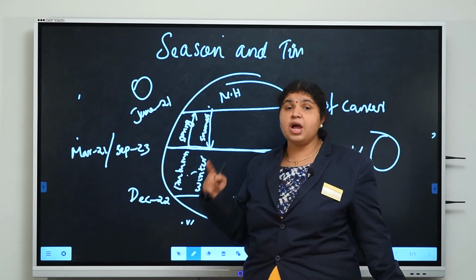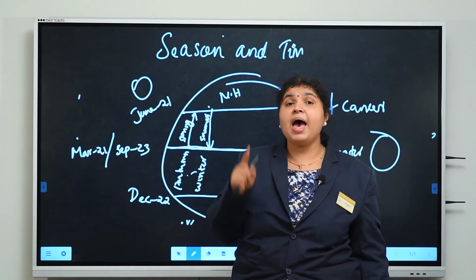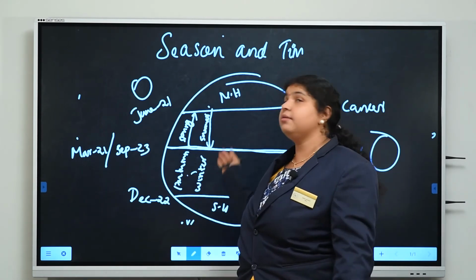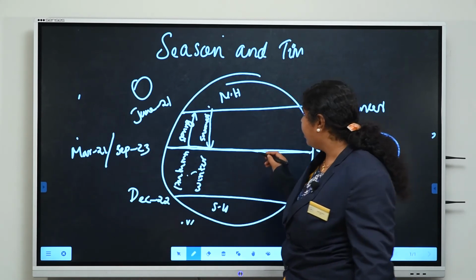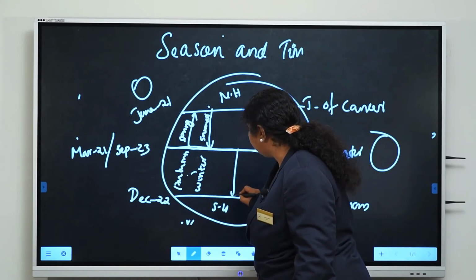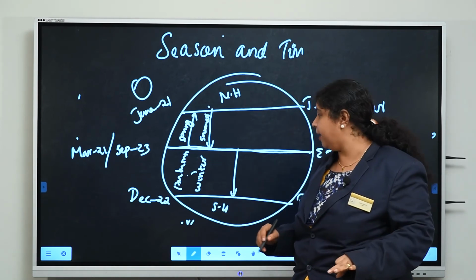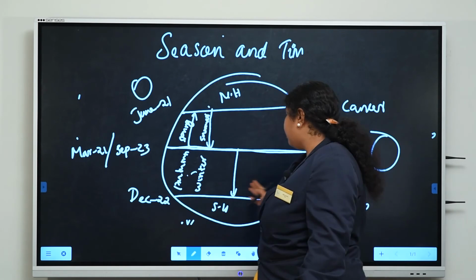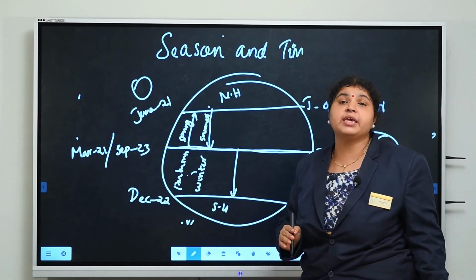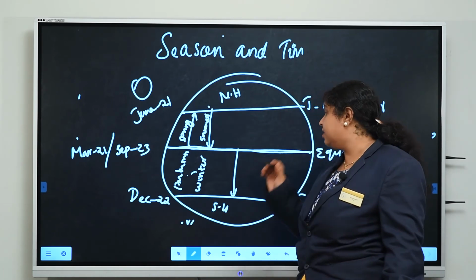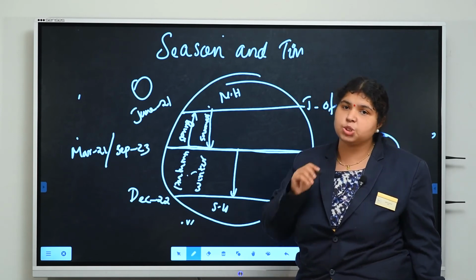Again the sun started its apparent movement towards the southern hemisphere. Okay. Then it takes again 3 months. September means October, November, December. Okay. On December 22, the sun is over the Tropic of Capricorn. This day is called winter solstice.